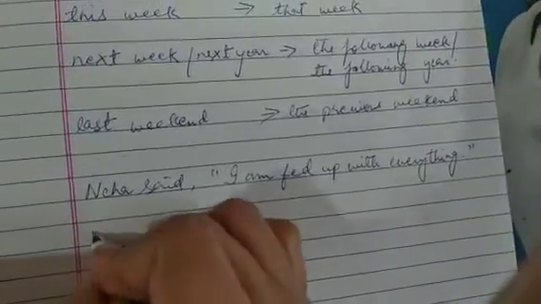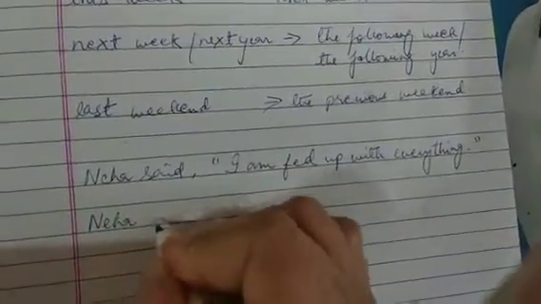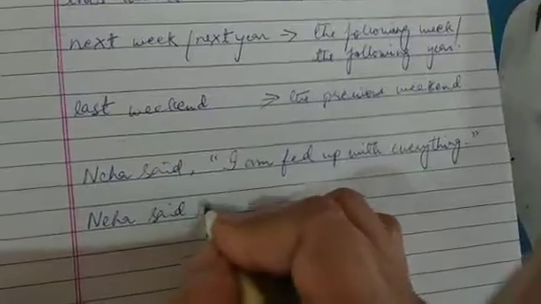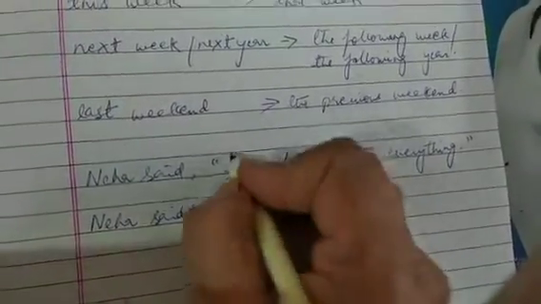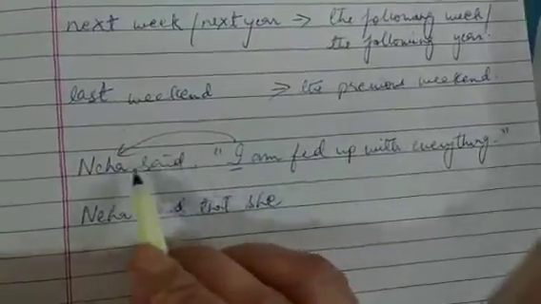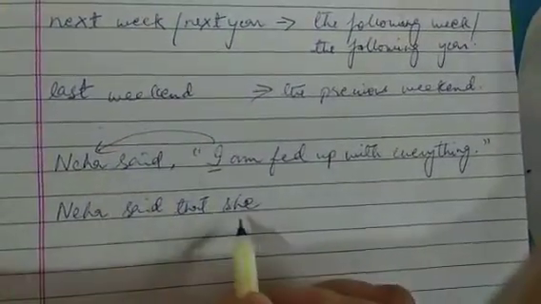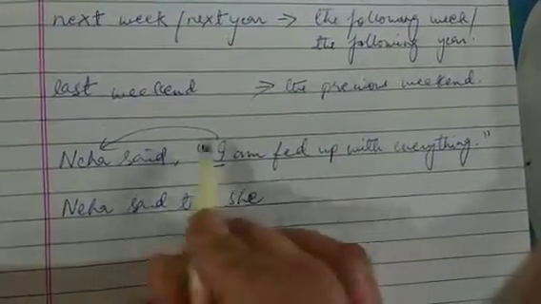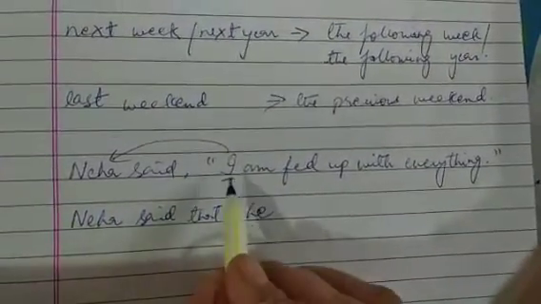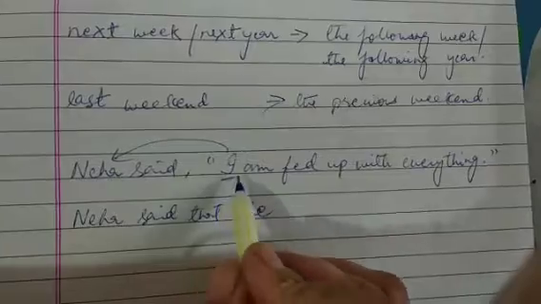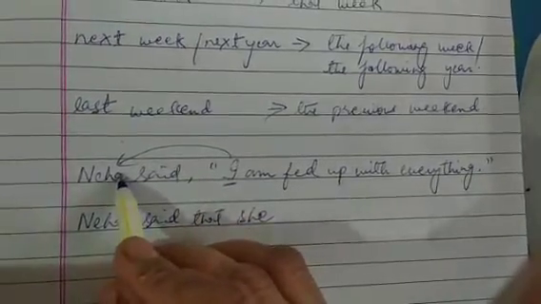Now, if we are changing it into indirect, it will become Neha said that she. Who is I here? Neha. So it changes automatically. This I changes into she because we know Neha is a girl. So you need to take care who this I is. It is the one who is saying, not me.